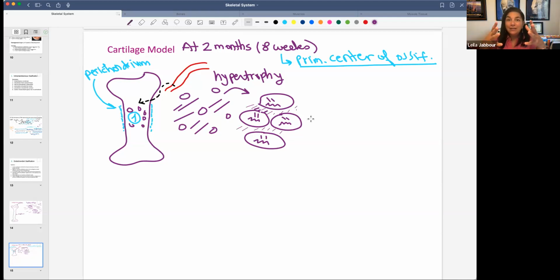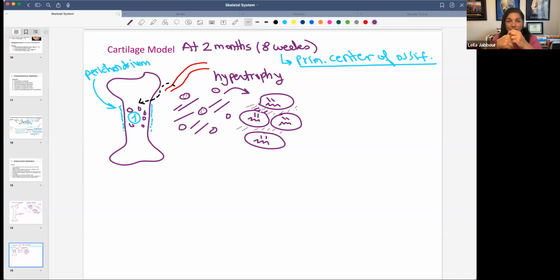They're swelling, and the lacunae enlarge, and that basically brings them closer to each other, because they were far apart with matrix between them. Right here, they were happy. And when they enlarge, the matrix becomes thinner. And when the matrix is thinner in the center of the diaphysis, that is a problem for the structure of this future bone.